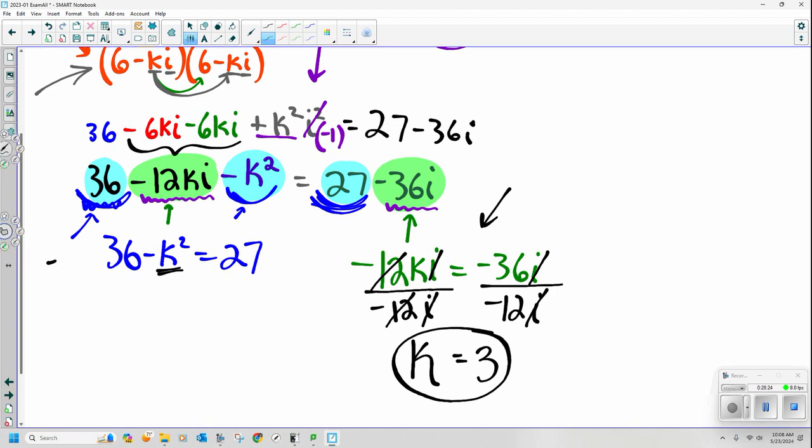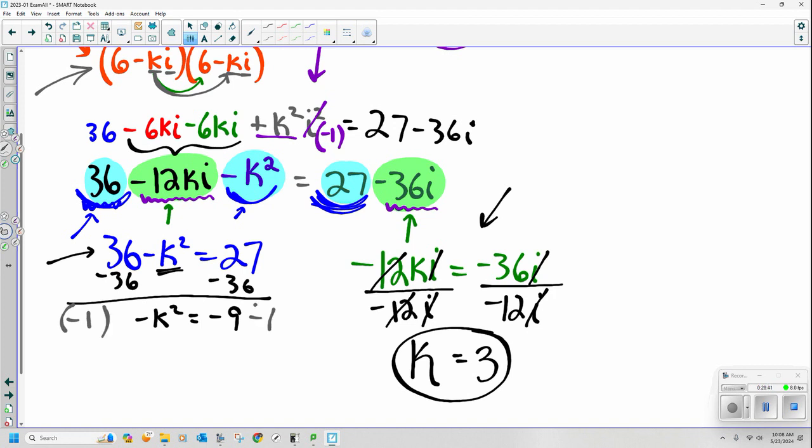Now, what happens if I use this side? Well, if I subtract 36 from both sides, I get negative k squared equals negative 9. If I multiply both sides by negative 1, I get k squared equals a positive 9. Now, here's where you've got to be careful.